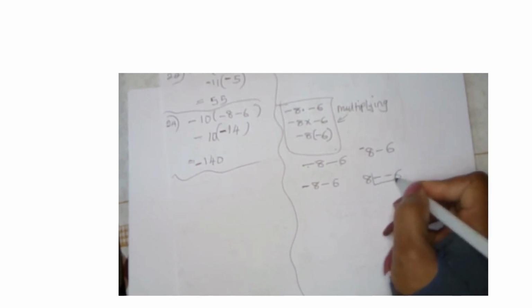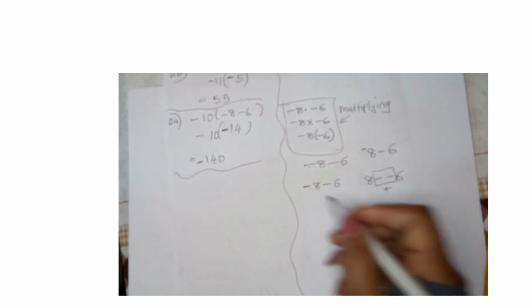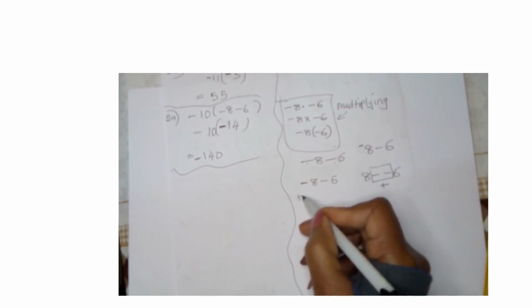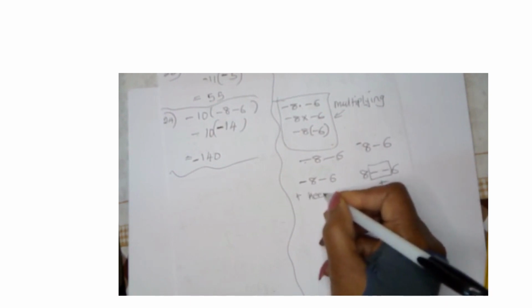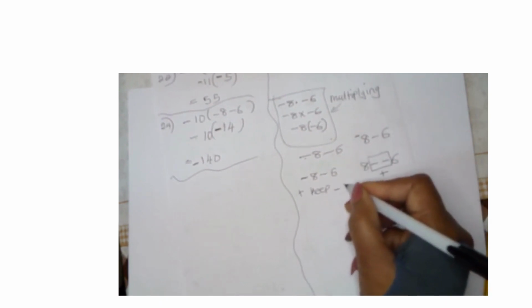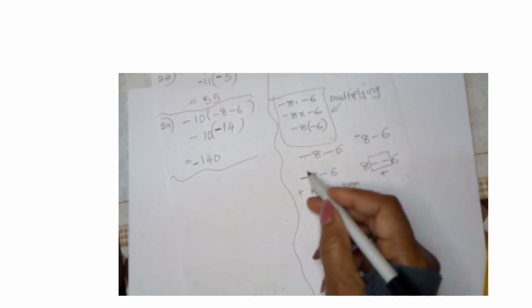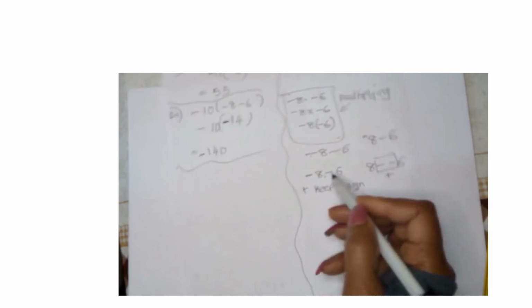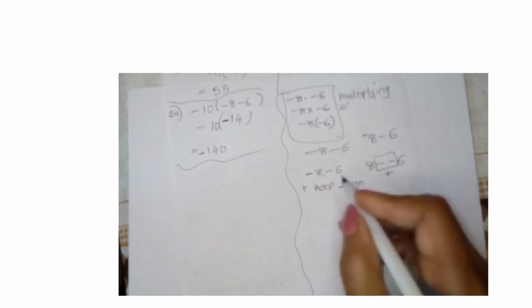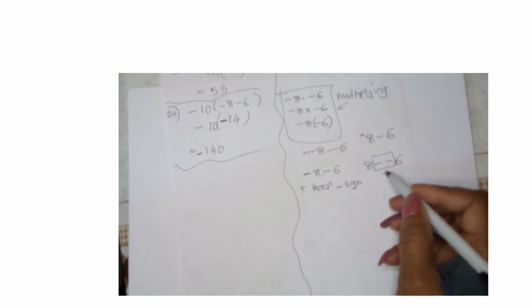But for this one, you add and keep the negative sign. When there is social distancing among the signs, you add but keep the negative sign. If there is no social distancing, you just add the numbers, and you don't keep the negative sign.